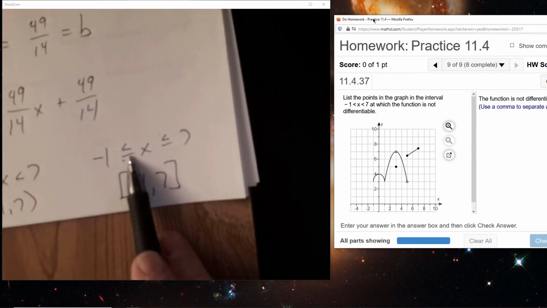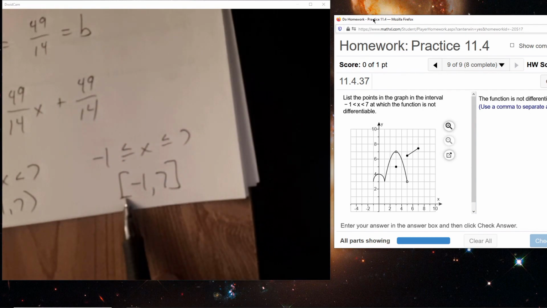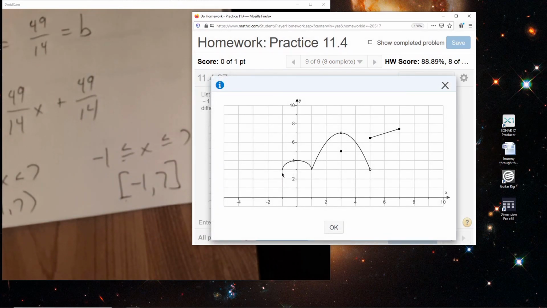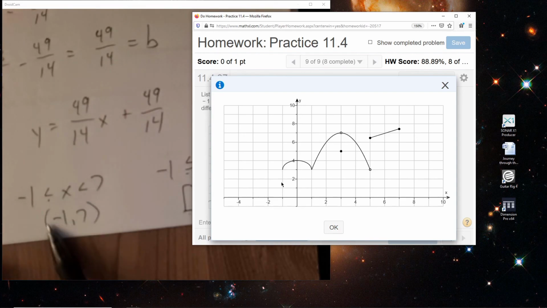Equal signs mean the endpoints are included. And that's important here because if you look at the graph, you can see at -1, there's no derivative at -1 because there's no left side. However, -1 is not included because -1 doesn't have an equal sign. So we don't include -1.